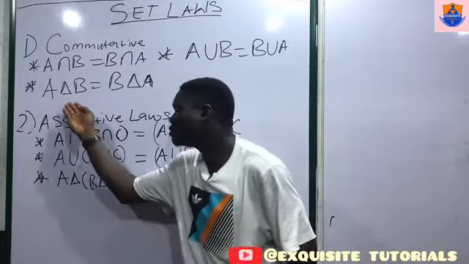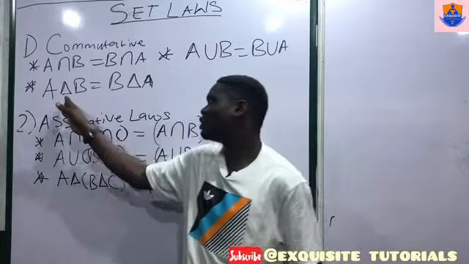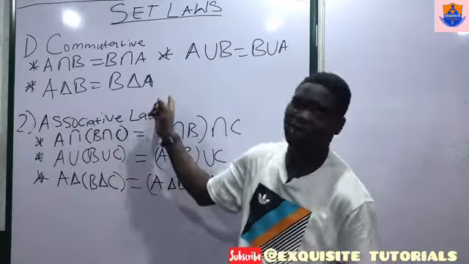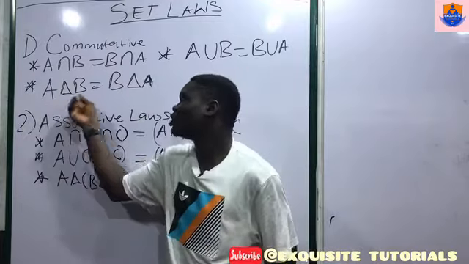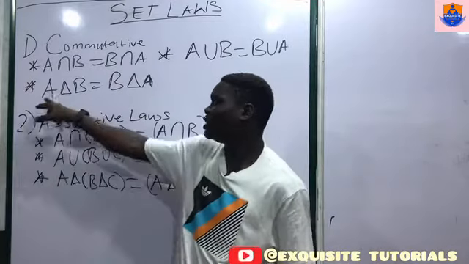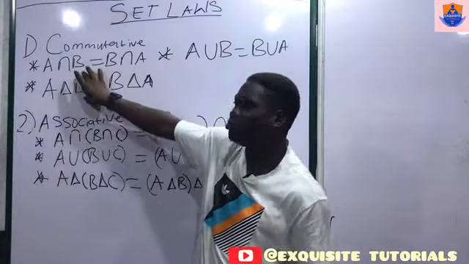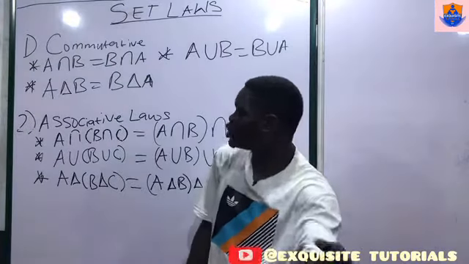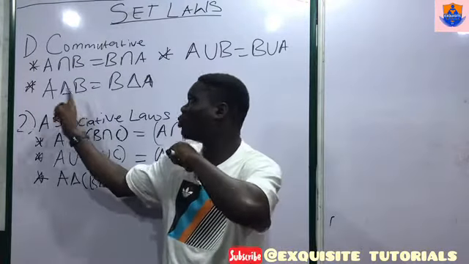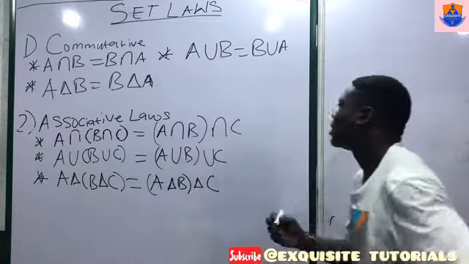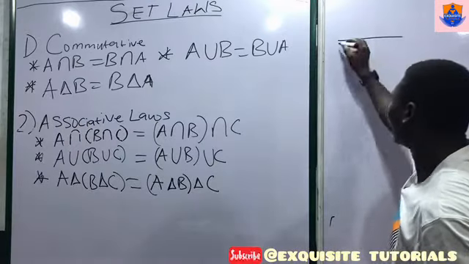So for the third law, we have A symmetric B and B symmetric A. Now A symmetric B are those elements that are in A but not in B, added up with those elements that are in B but not in A. So let me quickly do that with a Venn diagram.